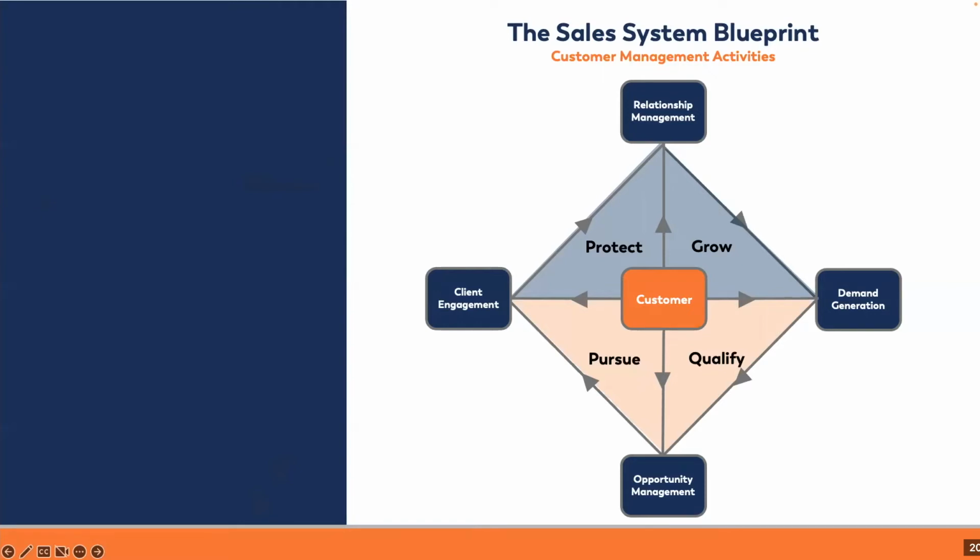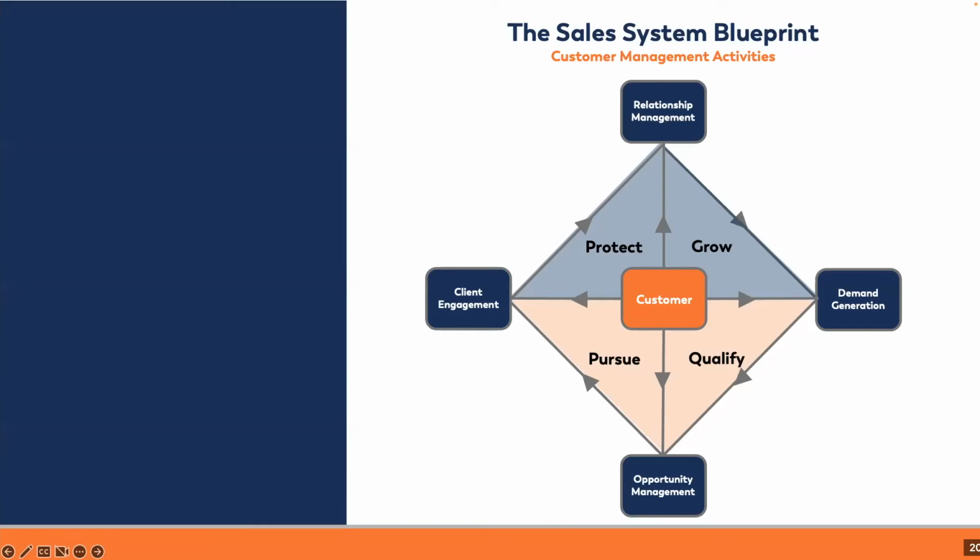So there are 4 key elements. These are the customer management activities. I'm sure this language is familiar to you, right? So demand generation. We need to generate demand. Whether that comes from existing or new sources, we need to continue to generate demand for our products and services. Otherwise, we won't have any opportunities to manage.